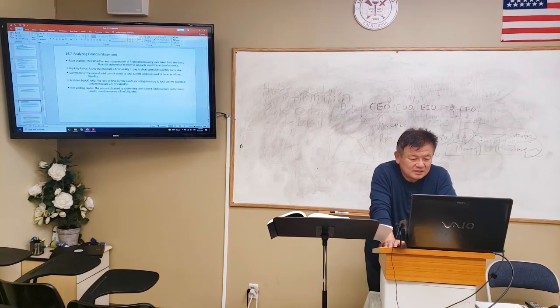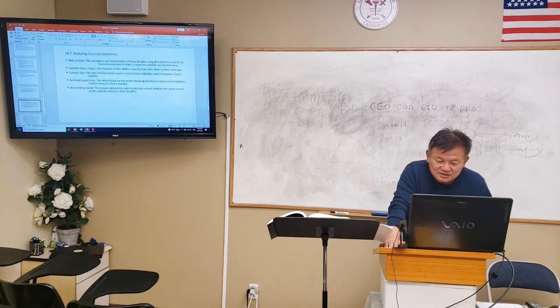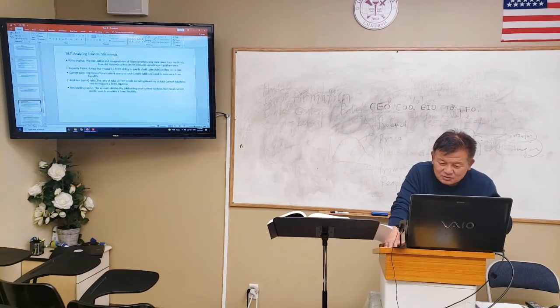And net working capital is the amount obtained by subtracting total current liabilities from total current assets, mostly used to measure a firm's liquidity. Also net working capital. Okay, total current assets minus total current liabilities is the net working capital.